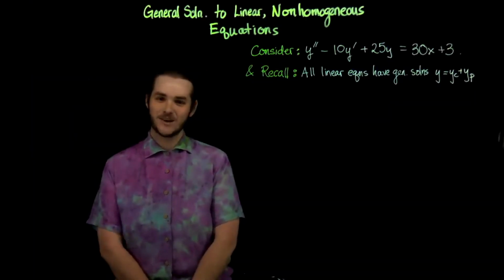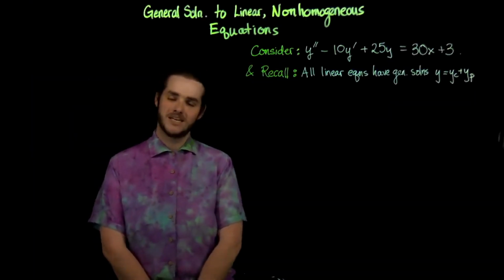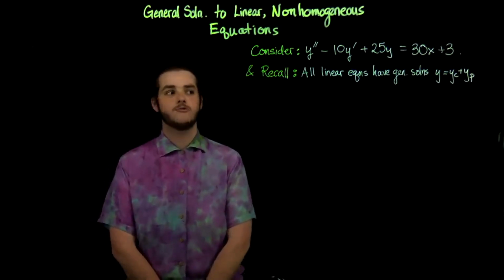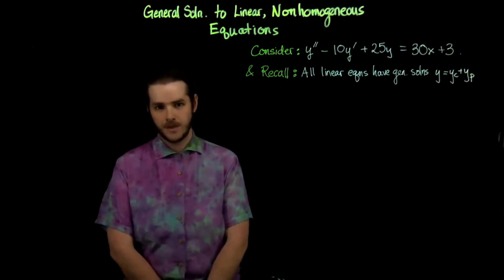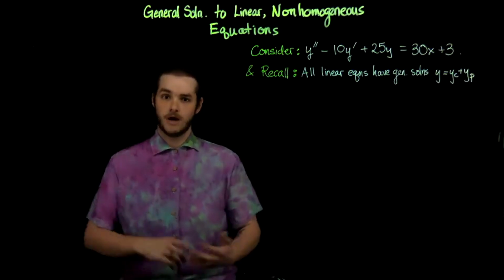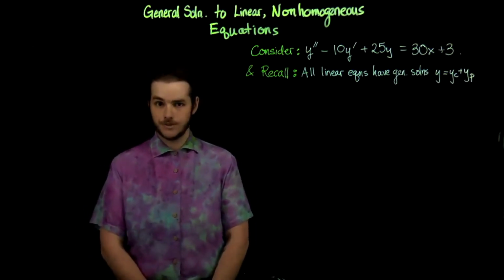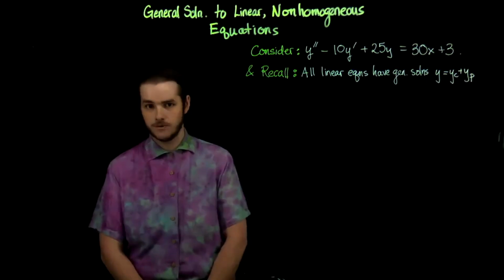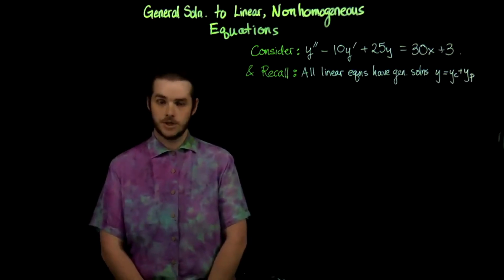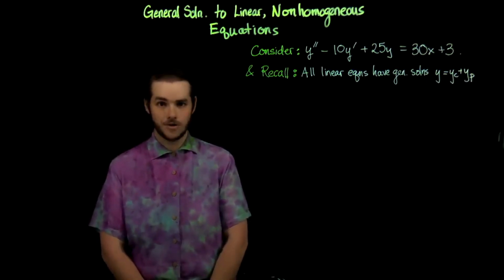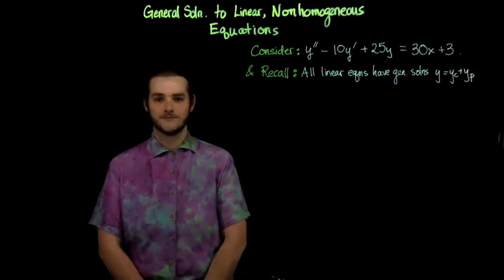To motivate, let's start by considering the example y'' - 10y' + 25y = 30x + 3. And recall from our previous videos that all linear equations have general solutions, and the form is the complementary solution plus a particular solution, where the complementary solution we know how to do as of recently.